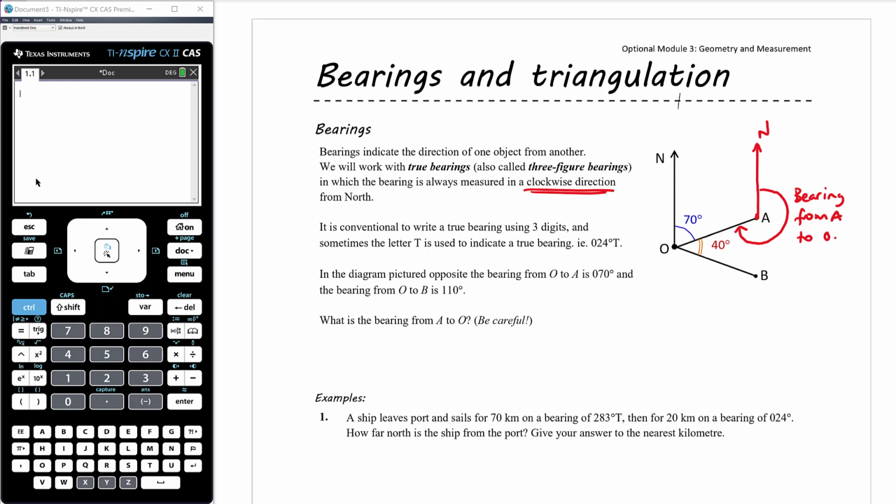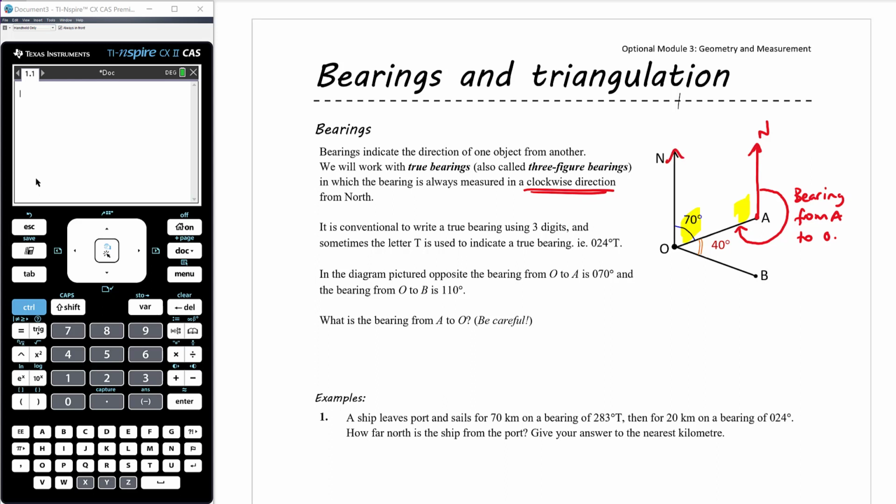Okay, so if we want to find that angle around there, there's a couple of different ways we can do it, and it all involves our angle properties that we looked at right back at the start of this topic. You could extend this line out here. That is corresponding to 70, so that's 70 there, and then adding 180 onto it. 180 plus 70 is 250. We could do it that way. The other way that we could do it is recognizing that this angle and this angle are co-interior, because these are parallel lines. They both go north.